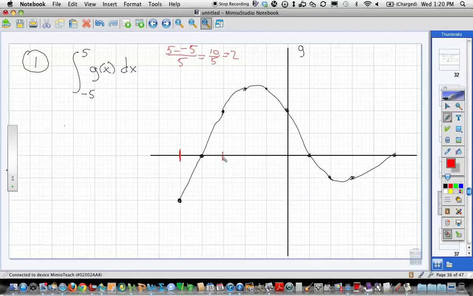I might come in here and put in my 6 marks. Remember we said you always take 1 more. You wouldn't have to do that, but those are my 5 subintervals. They have to be 2 wide. Okay, and these are supposed to be left rectangles. So here we go.